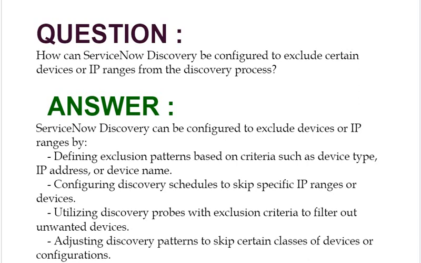Next one is configuring discovery schedules to skip specific IP ranges or devices. Next one is utilizing discovery probes with exclusion criteria to filter out unwanted devices. And last one is adjusting discovery patterns to skip certain classes of devices or configurations.